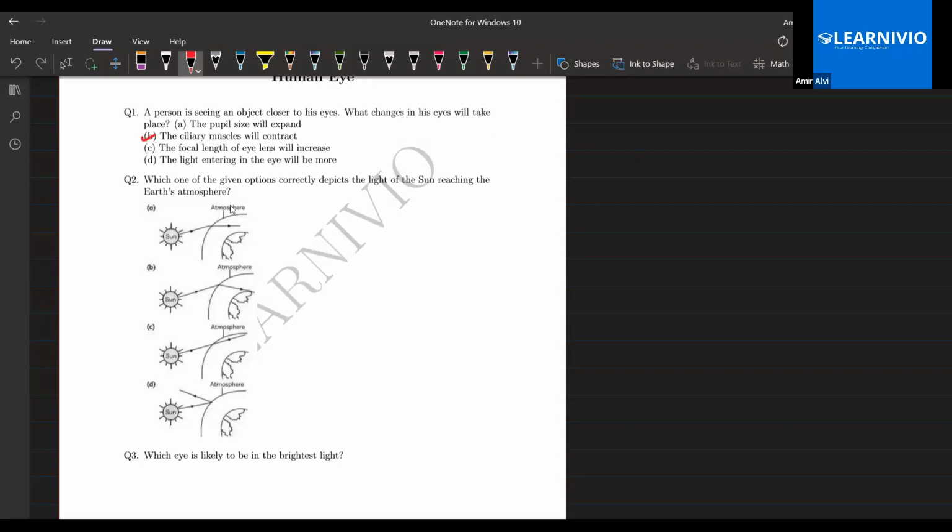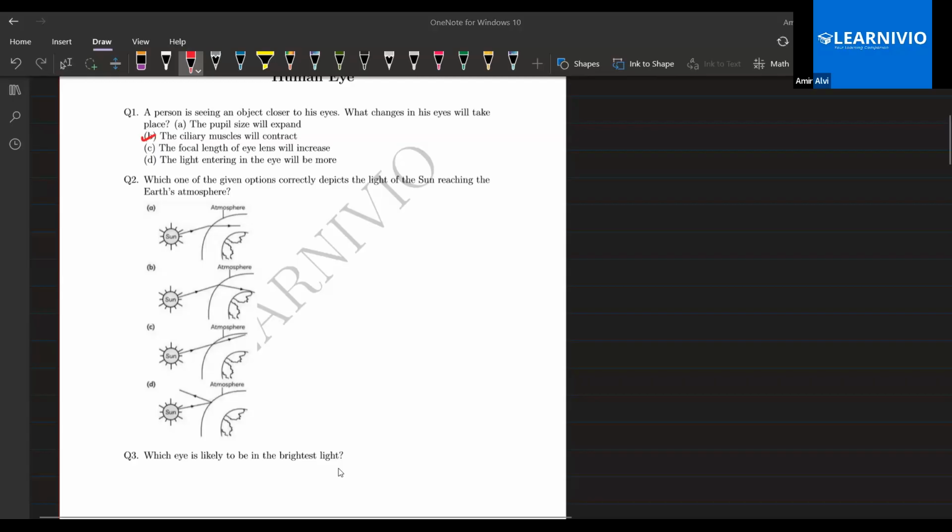Okay. Next: which of the given options correctly depicts the light of the sun reaching the atmospheric surface? You can see this, and the refraction will happen, right? Any answer from anyone?